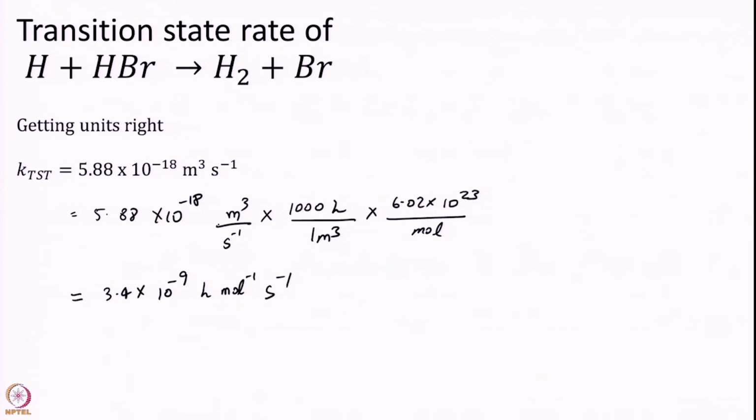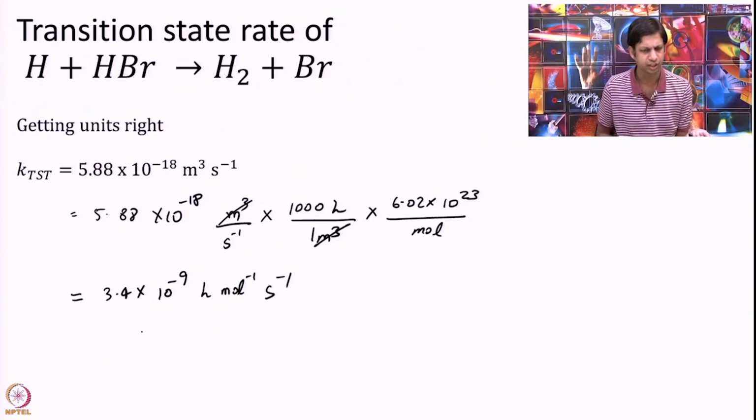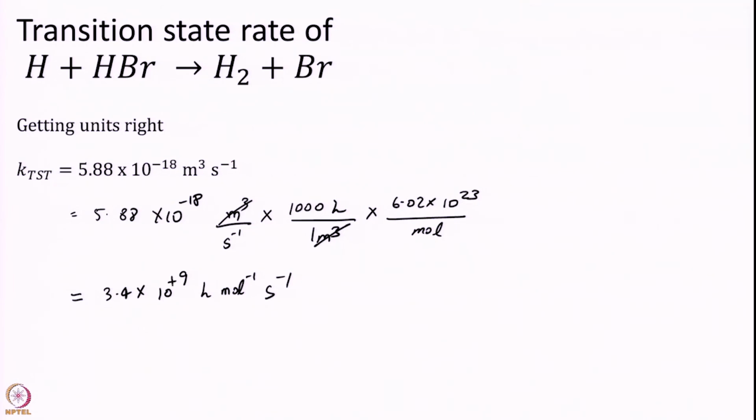I have forgotten to write this in my notes, but no issues. This is simply plugging it into a calculator, you can do that and tell me whether I have got it right or not. The rates generally are of the order of 10 to the power of minus 9, which is what I expect, plus 9 actually, I apologize, this should be plus. But this is simply punching it on a calculator, you can do that better than I can and get that number out.